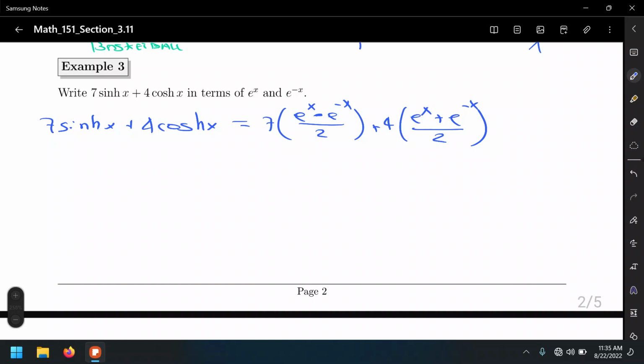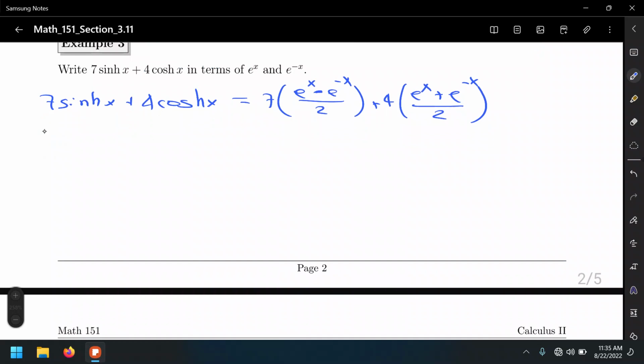Okay, so let's distribute. That's 7/2 e to the x minus 7/2 e to the negative x plus 4 over 2, that's going to be reducing to 2 e to the x plus 2 e to the negative x.